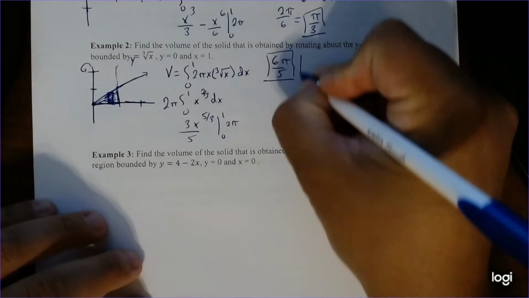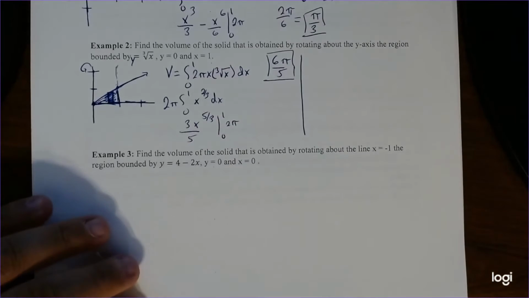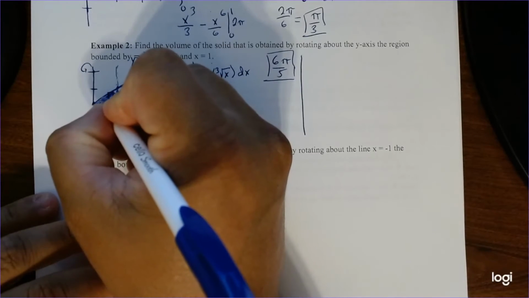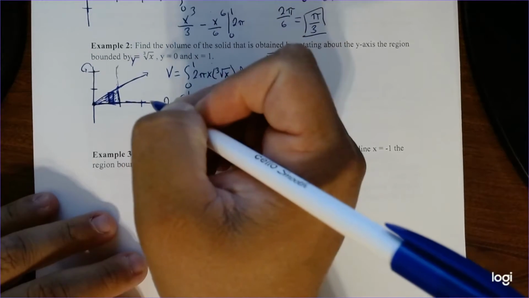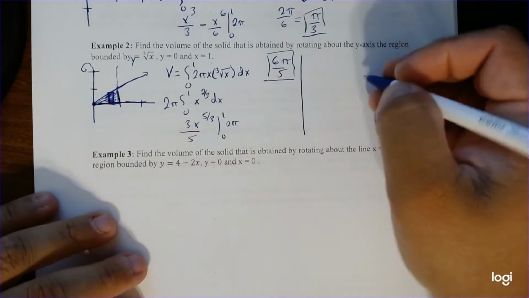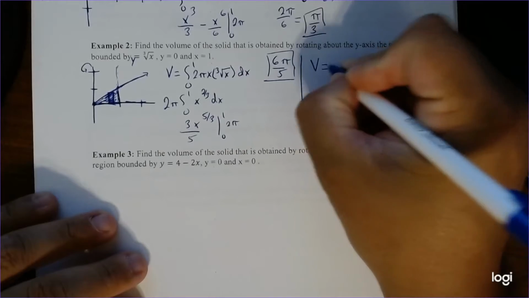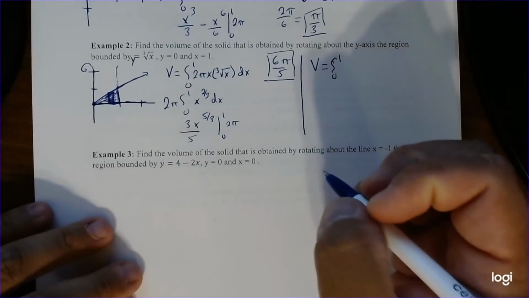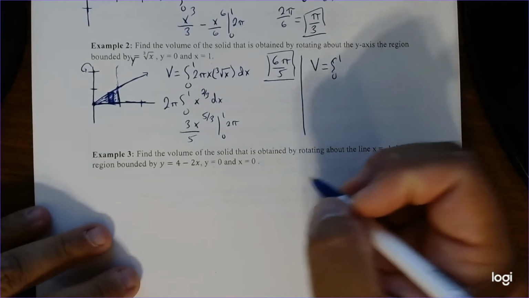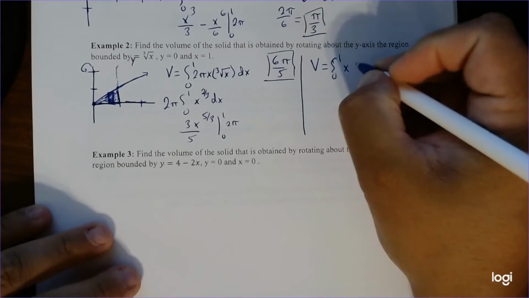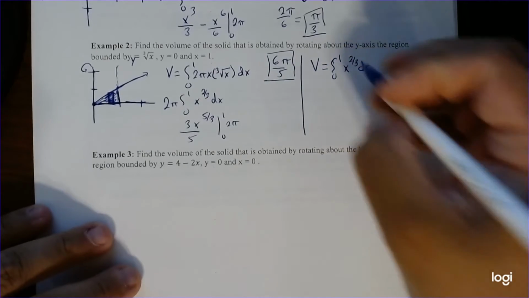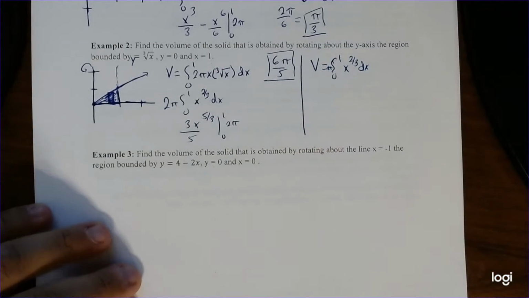And if you guys are interested in how you would do it using the disk method, well, according to our disk method, our portion will go from here to here, right? So this will be the volume from 0 to 1 of the actual value, pi, actually, right?